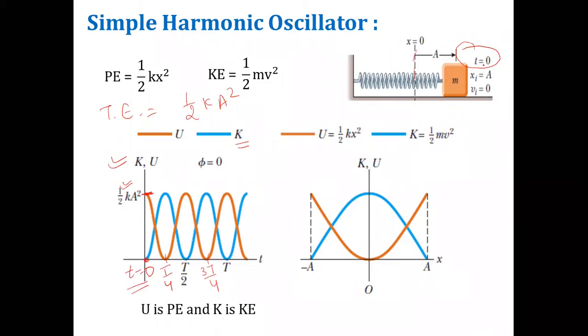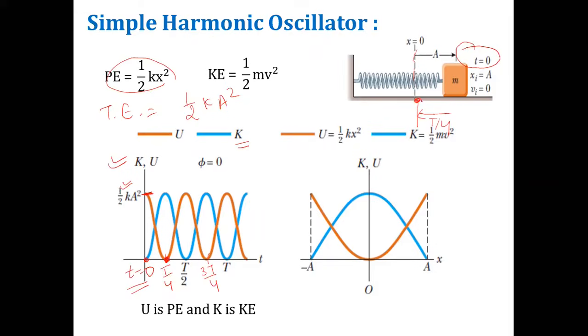If this is your t equal to 0, in time T by 4 your block will come back to its equilibrium position. In its equilibrium position, its kinetic energy will be maximum and its potential energy would be 0 because your x is equal to 0. So at t equal to T by 4, your potential energy has become 0.